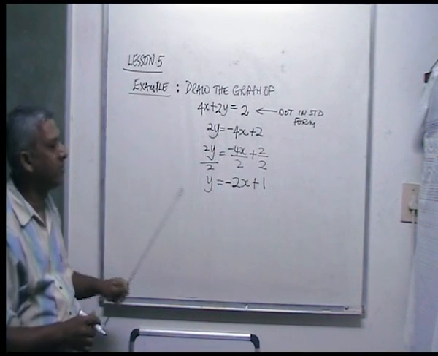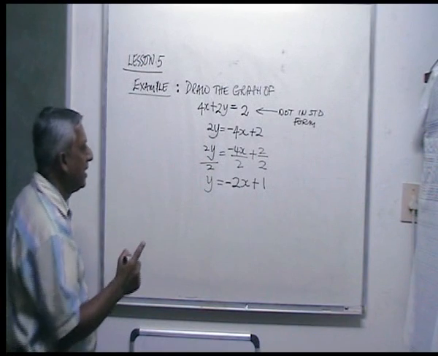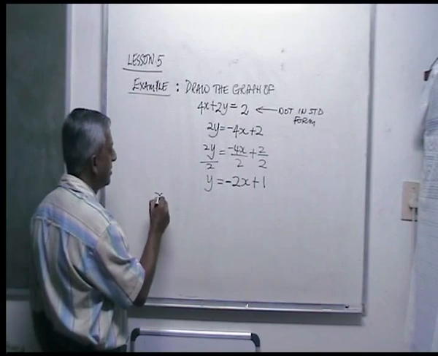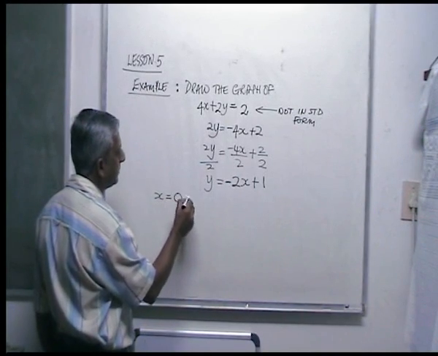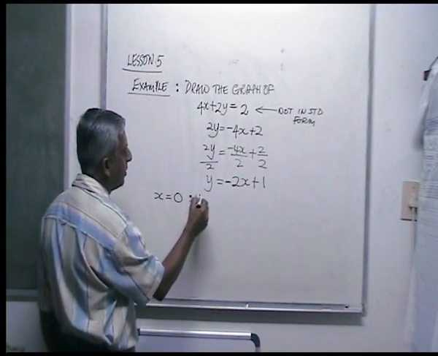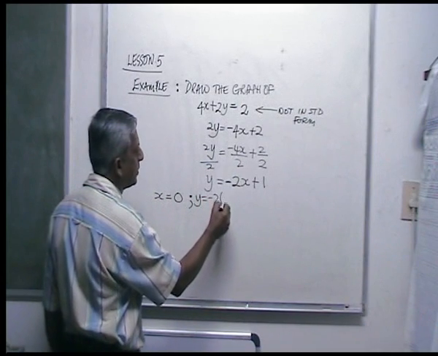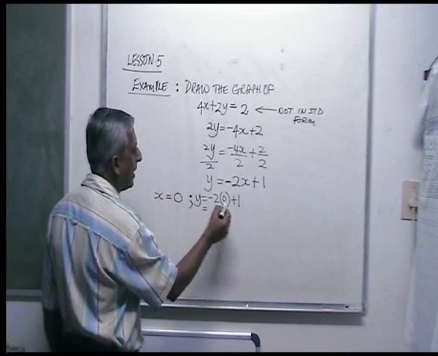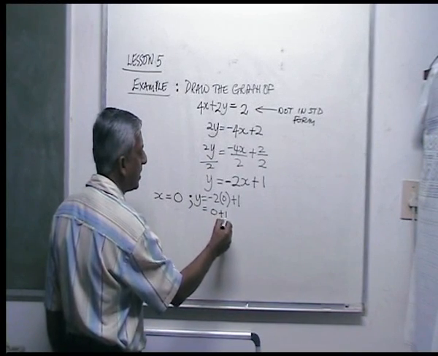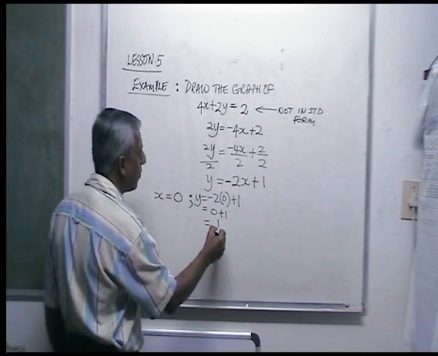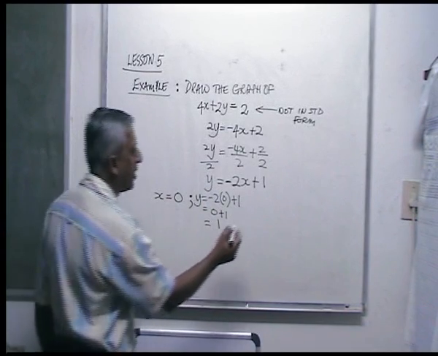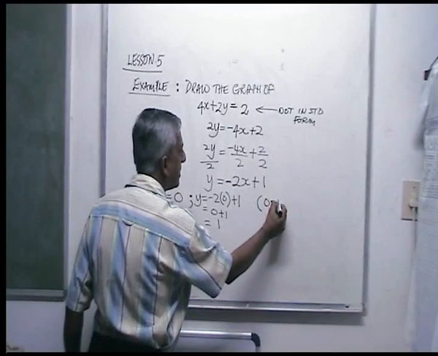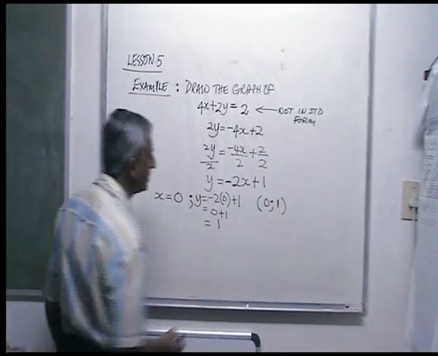And then what you have to do now, you have to find the ordered pairs. Right, now when x is 0, y will be minus 2 times 0 plus 1. So that's 0 plus 1, that's 1. So your first ordered pair is 0 and 1.